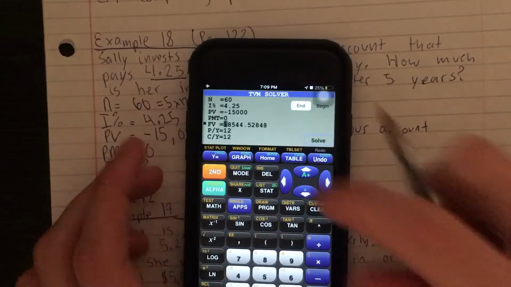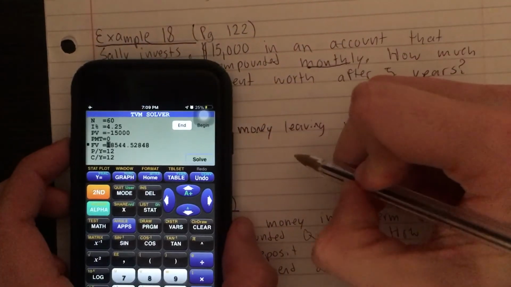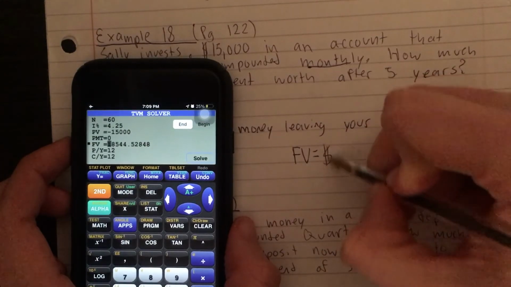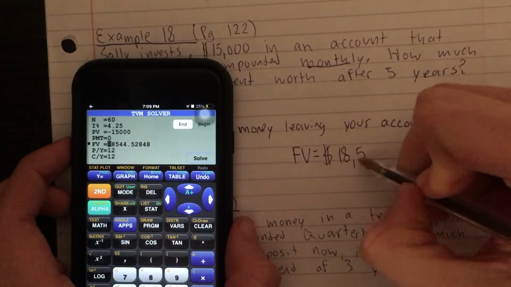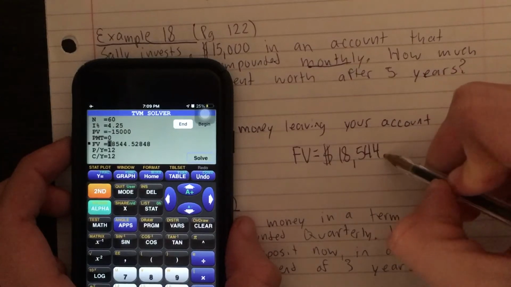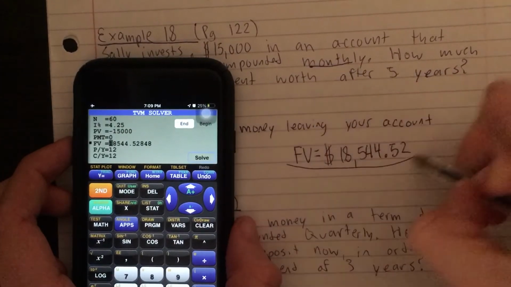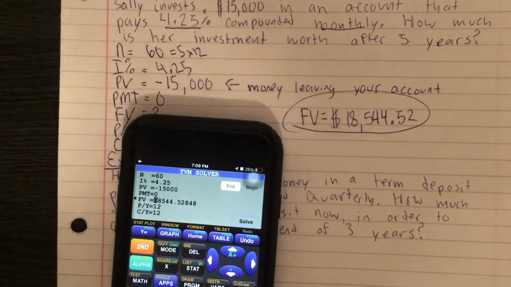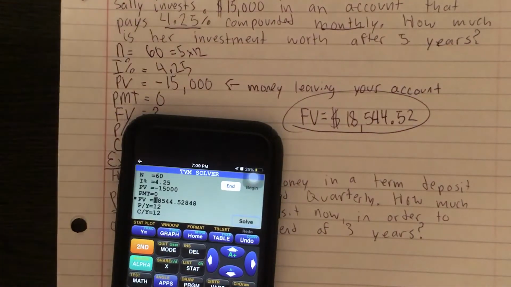So the final value here is going to be $18,544.52, and that's a problem that we could solve by hand using the information that we learned last class.